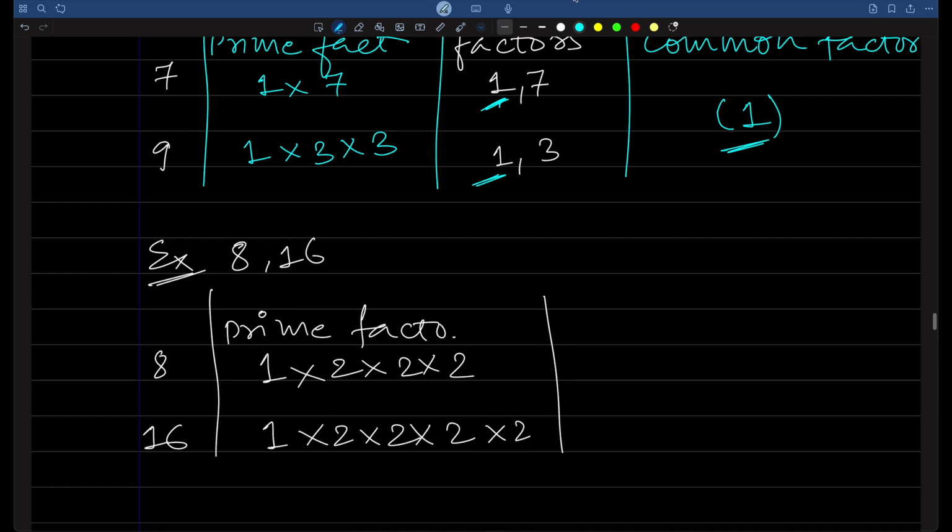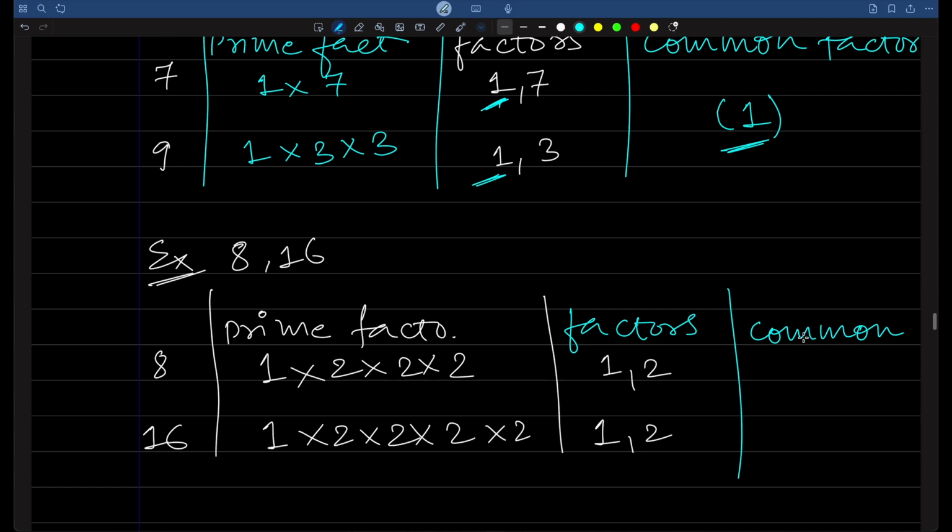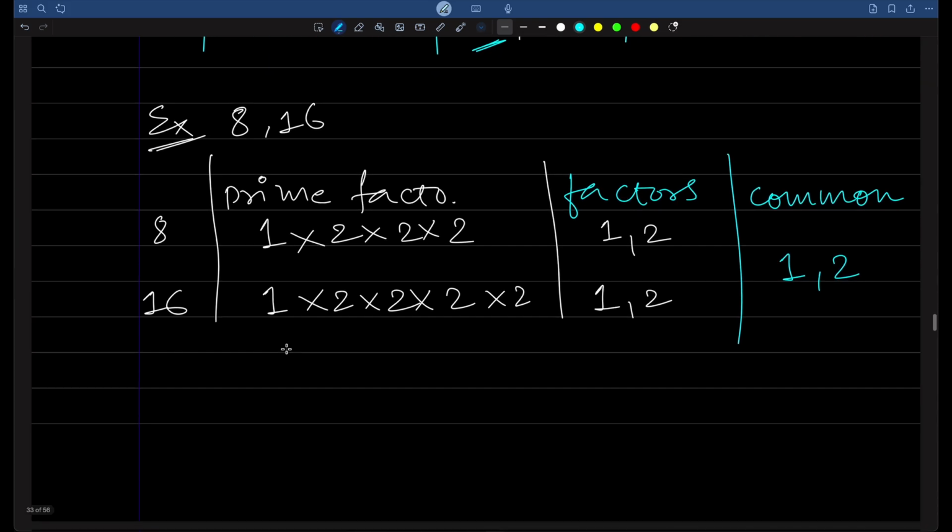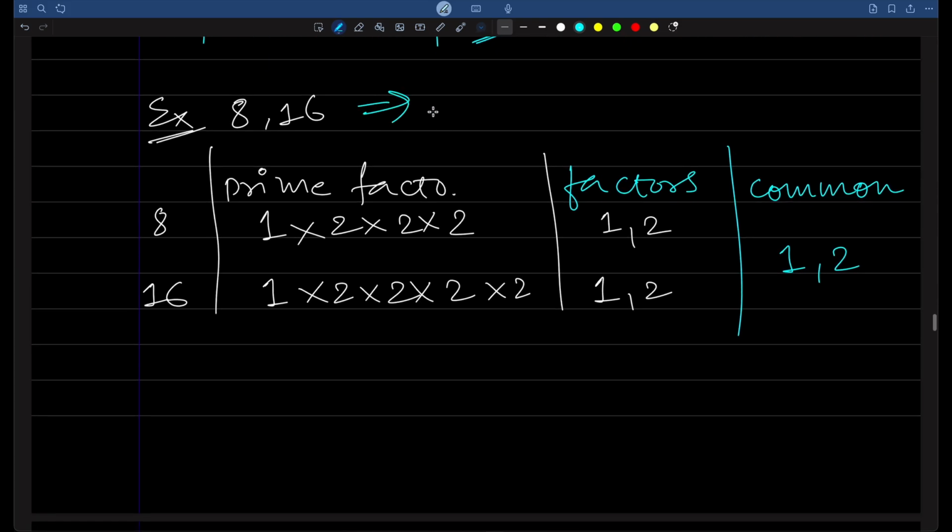Then we have factors of 8 are 1 and 2, factors of 16 are 1 and 2, and if we see common factor, we have two common factor, that is 1 and 2. So we can say 8 and 16 are not co-prime numbers.